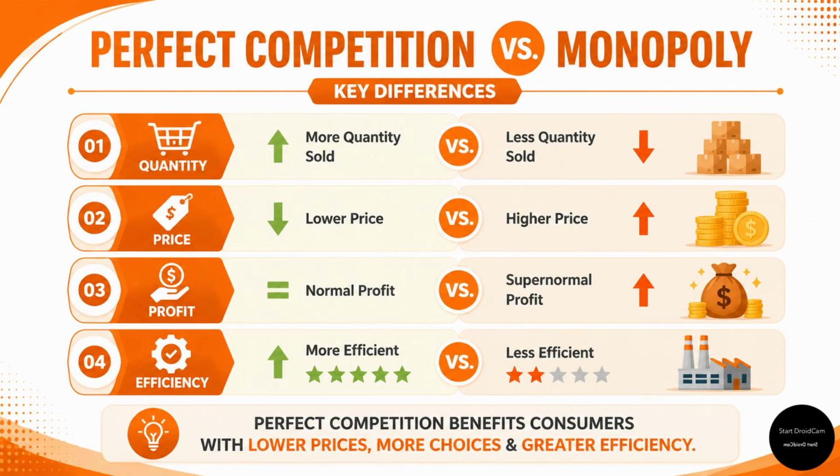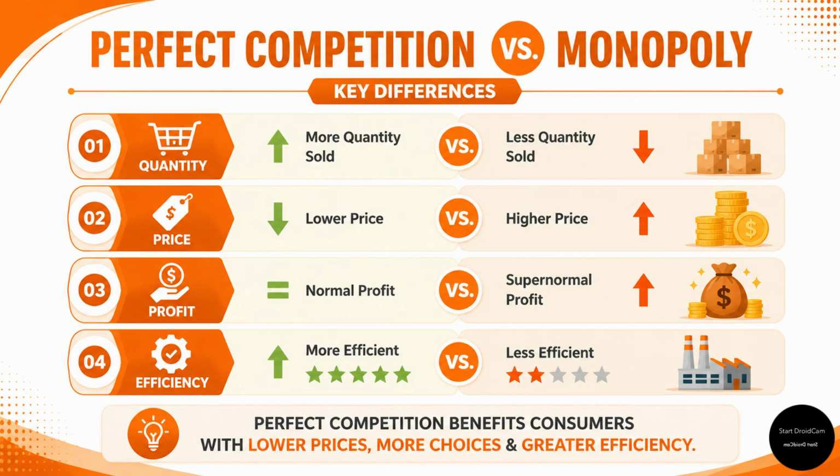Let's summarize the major differences. In terms of quantity, perfect competition produces and sells more, while monopoly produces less. In terms of price, perfect competition has a lower price, while monopoly has a higher price. In terms of profit in the long run, firms under perfect competition earn normal profit, while a monopoly can maintain supernormal profit because of barriers to entry.